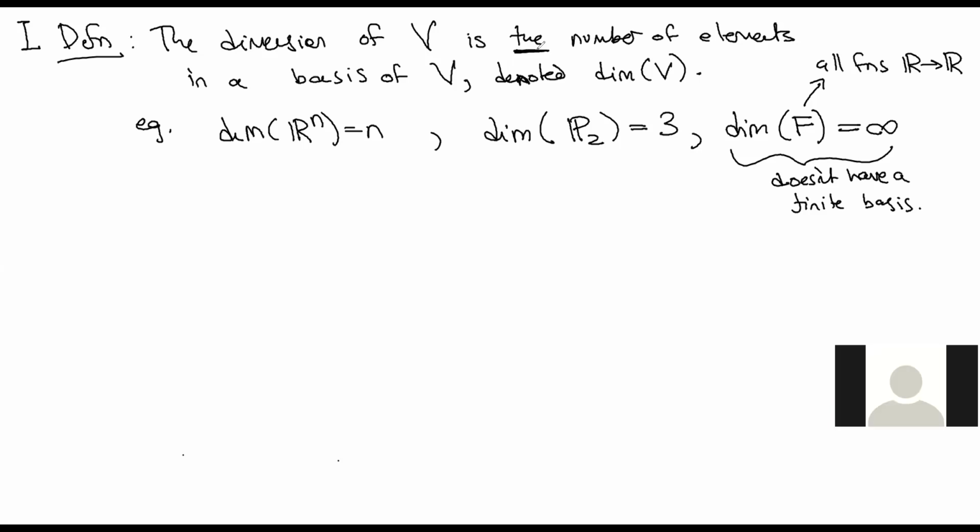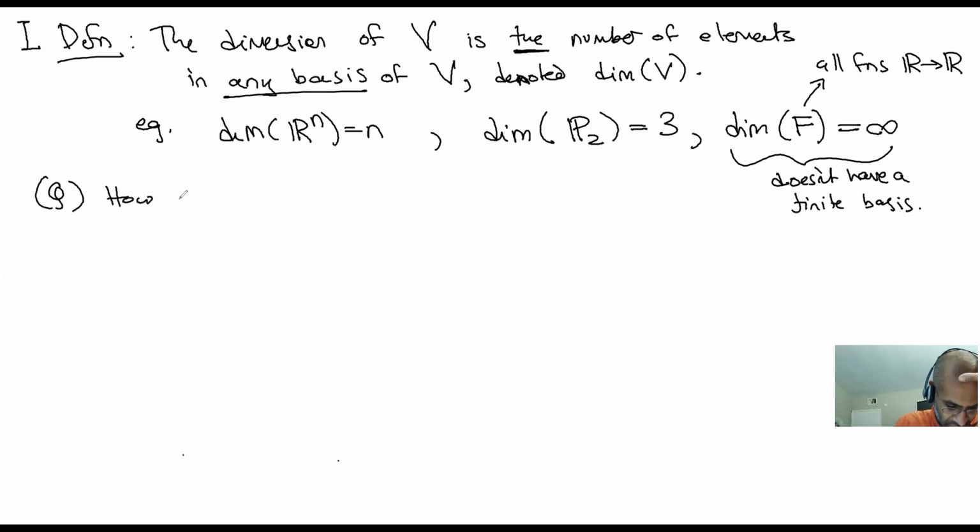Professor? Yes? This might be a dumb question. I'm a little bit confused by what you mean by it might seem suspicious right now because we have 2 possible bases. So the question is, the definition says in any basis, right? So how do we know that all bases have the same number of elements?